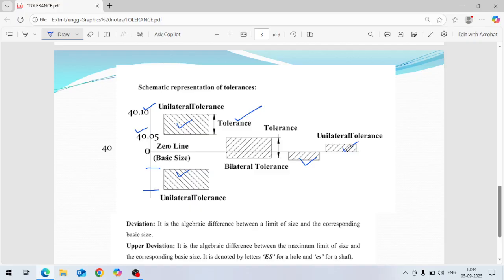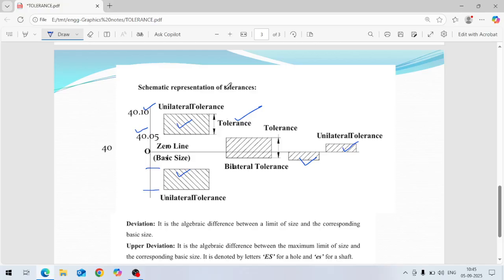One is 40.00, the other size is 40.05. So here the fundamental deviation is also 0. This way we can say what the fundamental deviation is: the deviation which is near to the basic size.